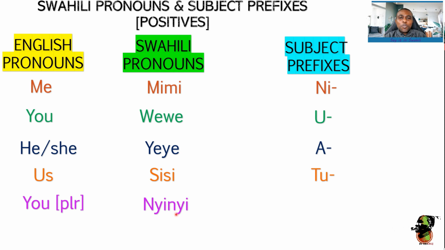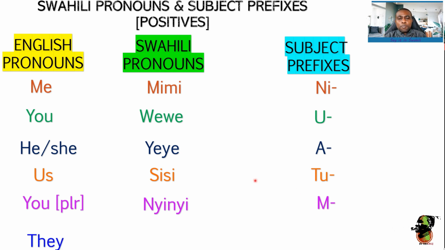Two syllables there. When you point at people and say, all of you, nyinyi. But when you're saying you plural are doing something, you're going to use the subject prefix m, as in mnaenda, mnafanya. M is the you plural subject prefix.